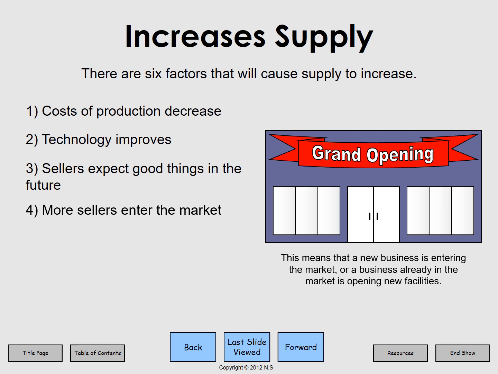If you open new lemonade stands, then the supply of lemonade increases. If you make so much money on your street, then you have your cousin, a couple streets over, open a lemonade stand as well. The supply increases, and all those things go up for you.